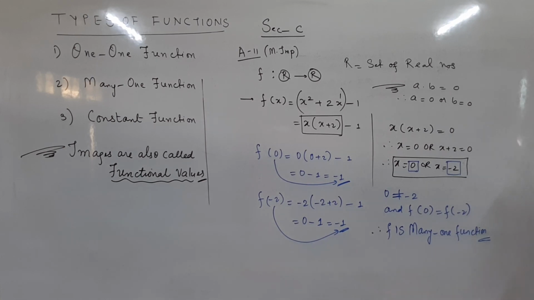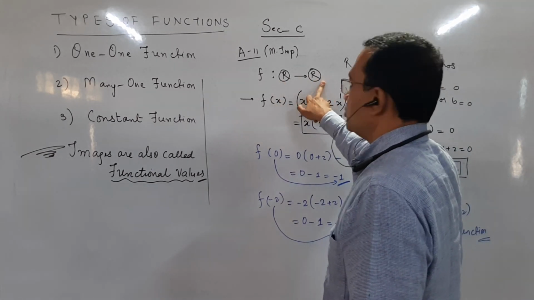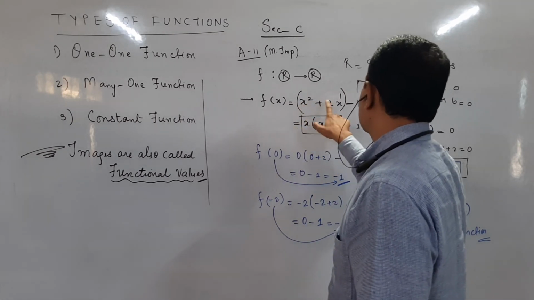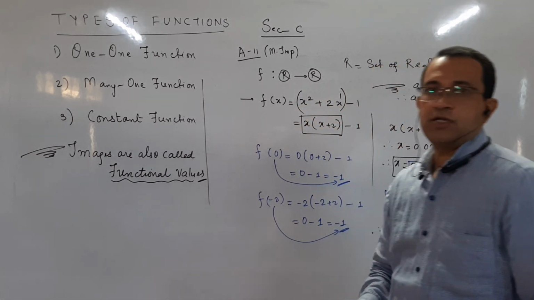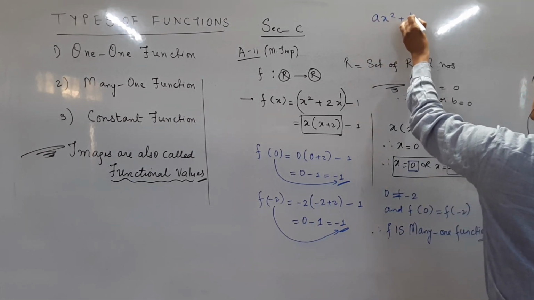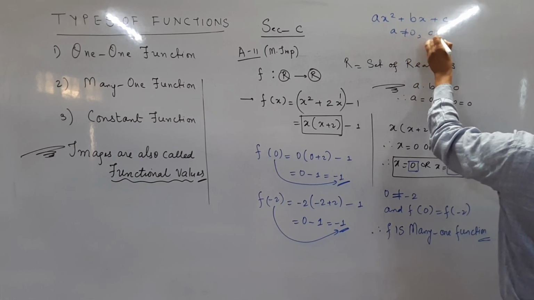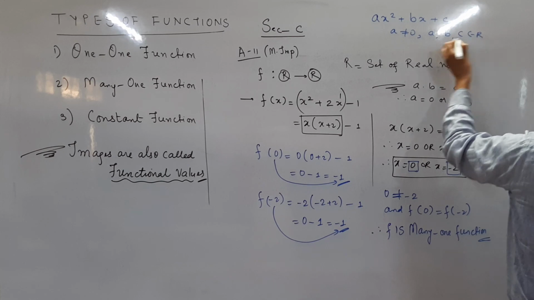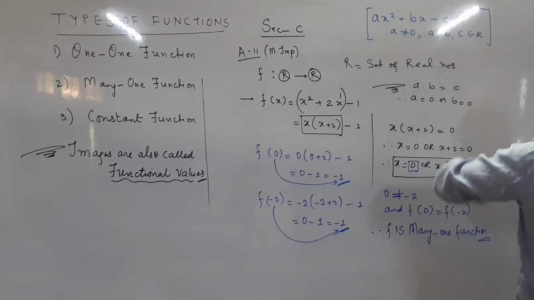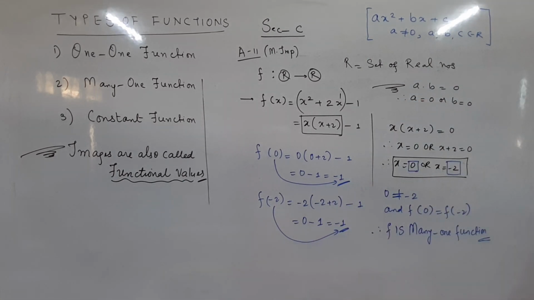So this approach is to be followed when your domain and codomain are, you can say, general, and your functional rule is a quadratic. X squared plus 2x minus 1 is called a quadratic. The general form of a quadratic, all of you study, is ax squared plus bx plus c, where a not equal to 0 and a, b, c belongs to R. This is the general form of a quadratic polynomial or quadratic equation.